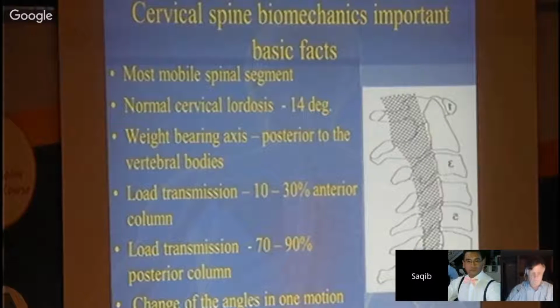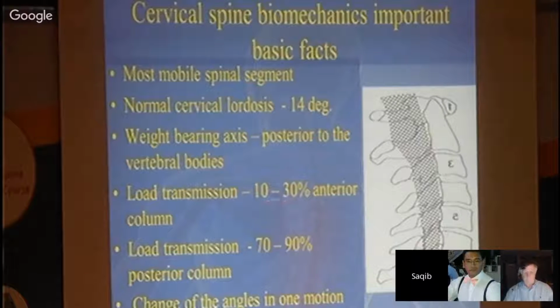So when you have to decide how you would treat your patients, you have to consider some basic biomechanical facts. Usually the cervical spine is the most mobile spinal segment. You have cervical lordosis that is about 14 degrees. The weight-bearing axis is posterior to the vertebral bodies, unlike in thoracic and lumbar.